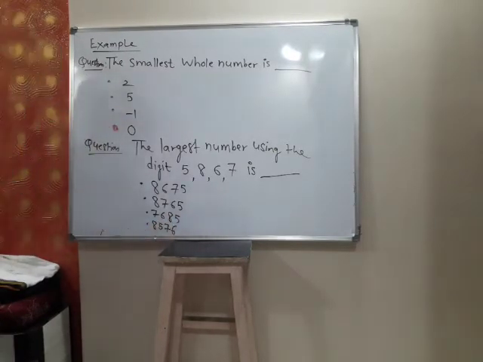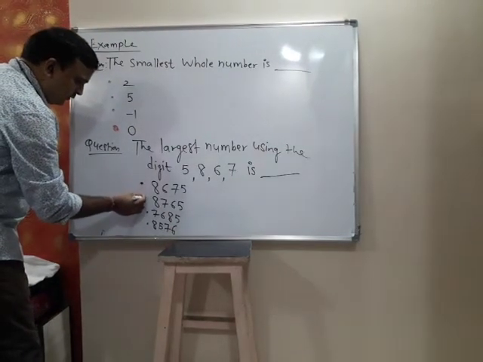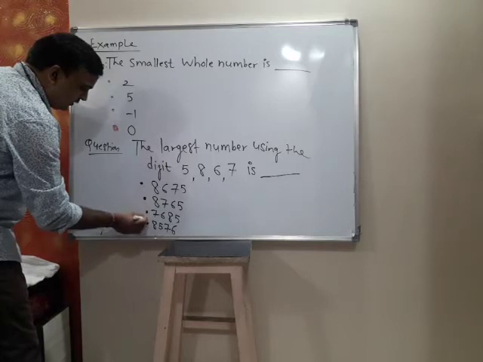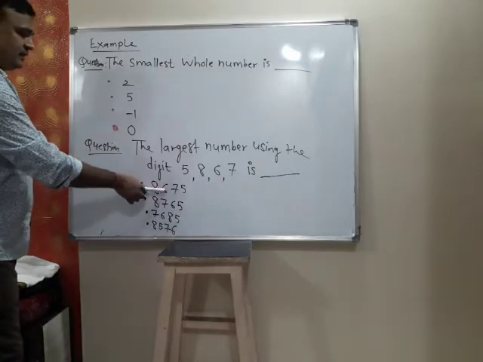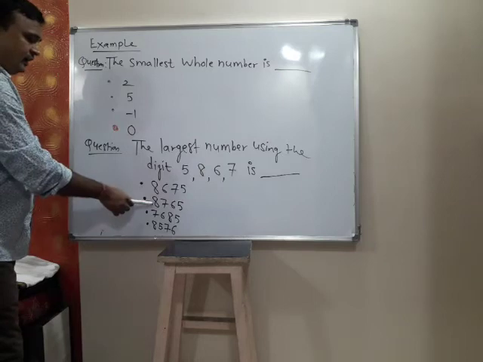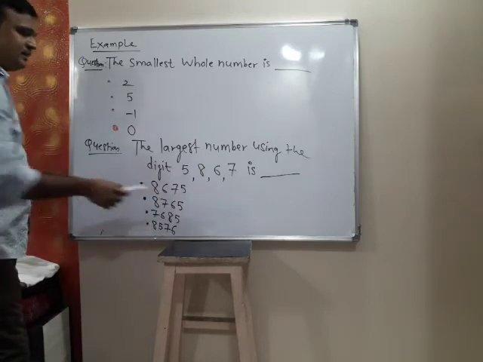So 4 answers are given for this. The largest number using the digits 5, 8, 6, 7 is: first option 8, 6, 7, 5, second 8, 7, 6, 5, 7, 6, 8, 5, 8, 5, 7, 6.